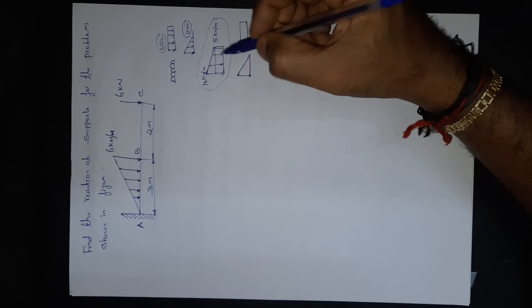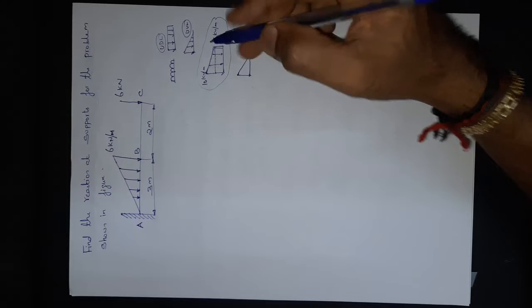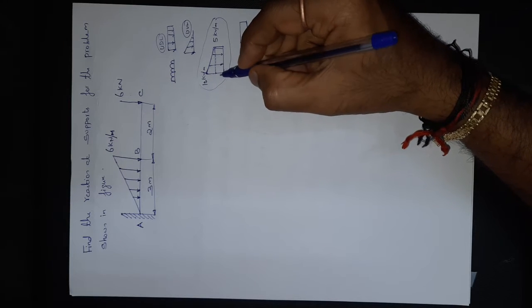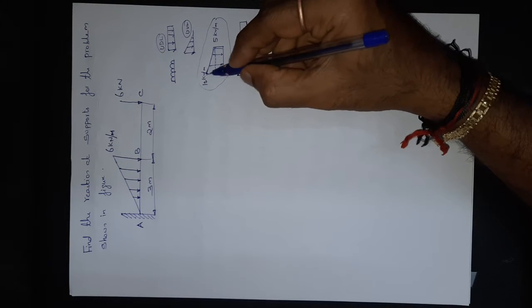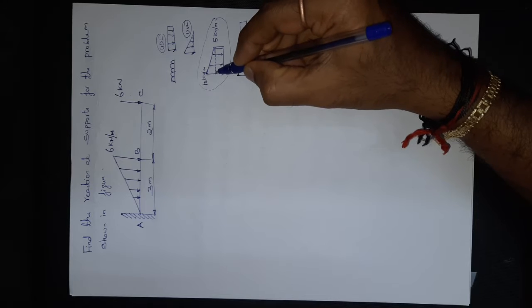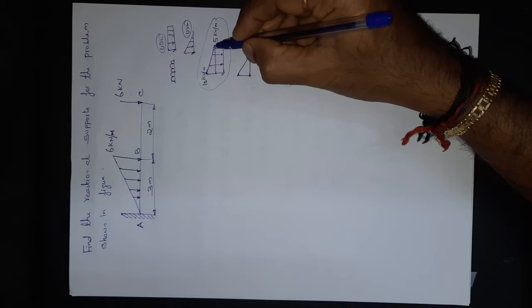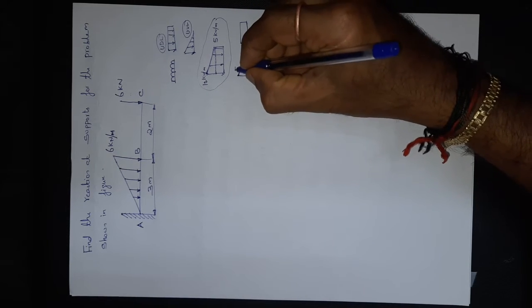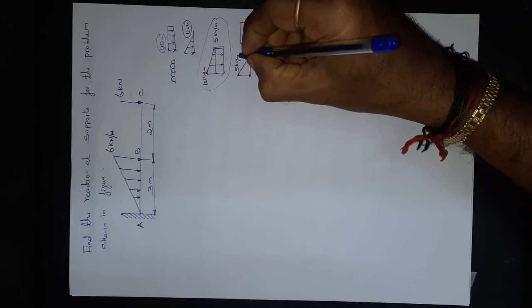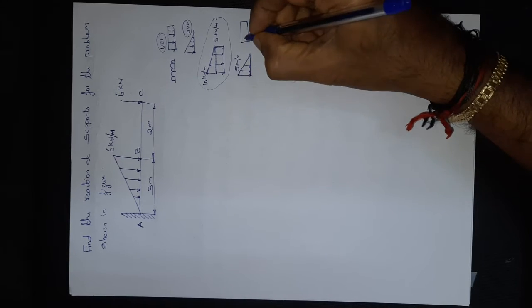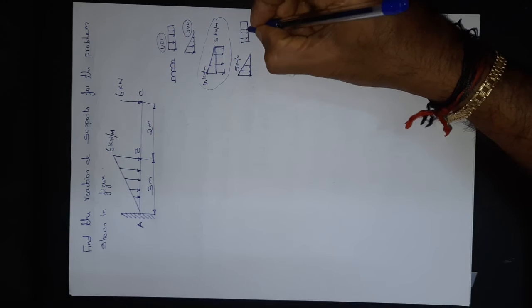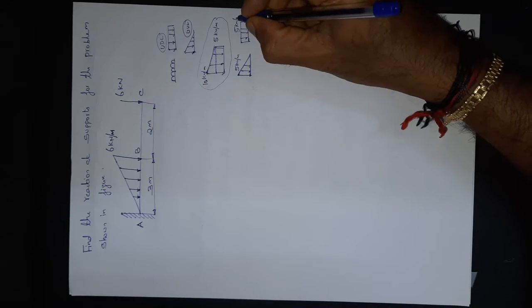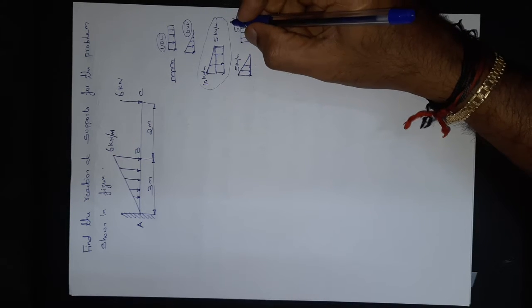So let me just convert this one. Up to here the total is 10, isn't it? Total up to here it is 10, and up to here it is 5. So this could be 5 kilonewton per meter, and the balance is 5 kilonewton per meter. Got it?